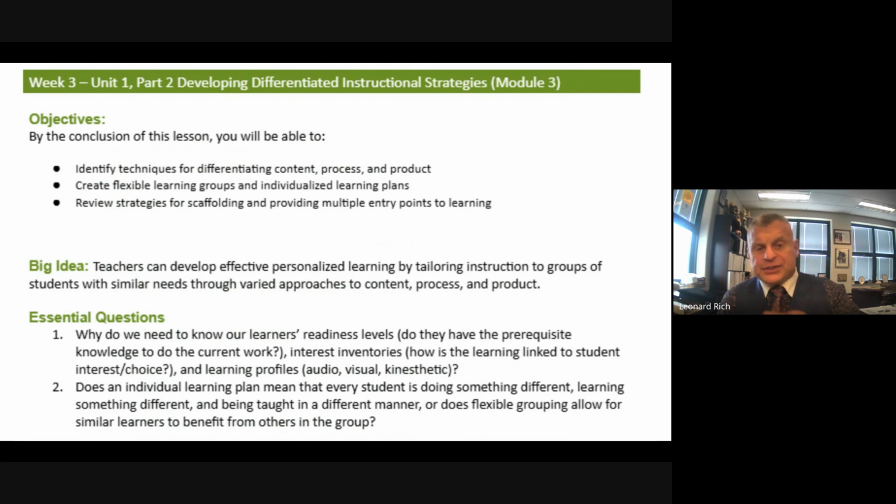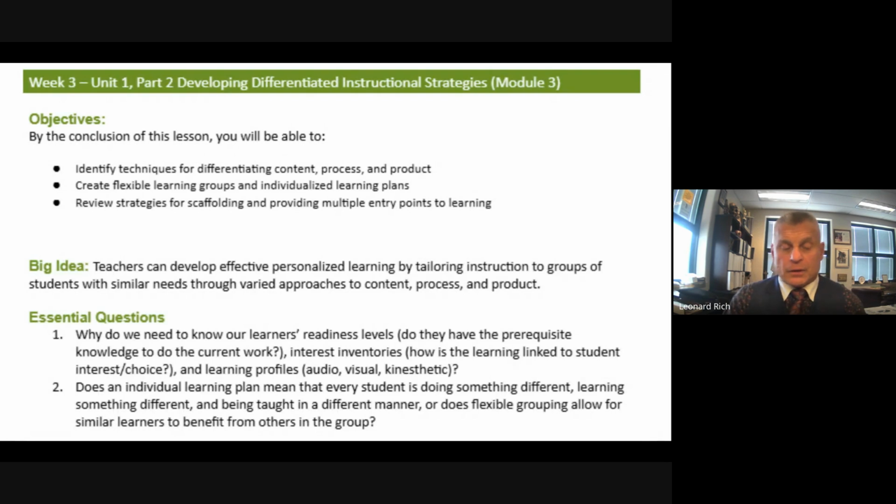Let's address process. How have you gotten different students to accomplish the same part of the program of study, or have you had to alter or adapt the program of study? Okay.